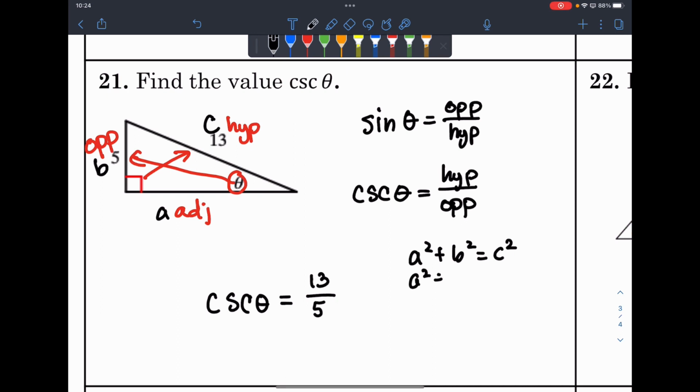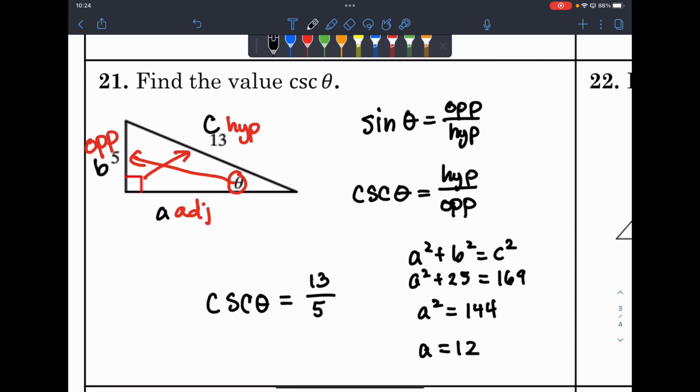So a squared plus 5 squared, which is 25, equals 13 squared, which is 169. We would subtract the 25 from both sides, giving us 144, and then taking the square root, we would get 12. So the adjacent side would be 12.